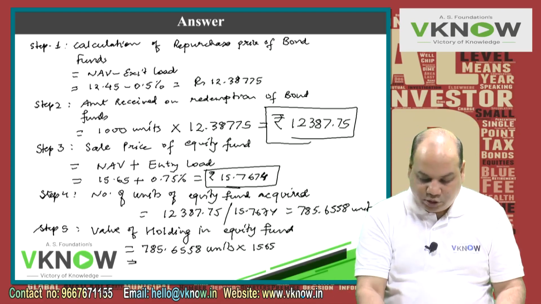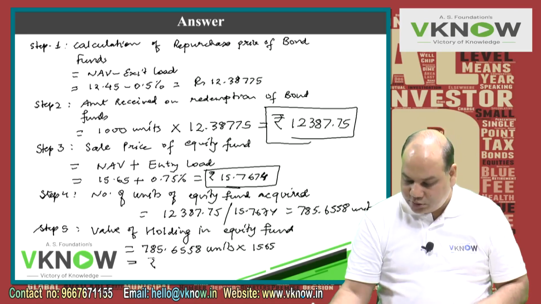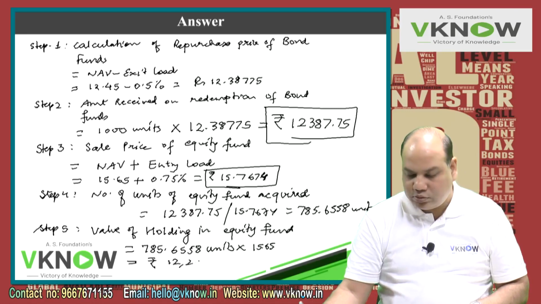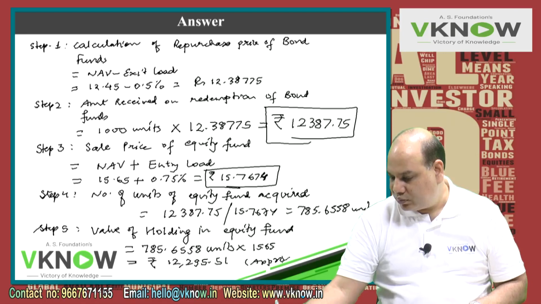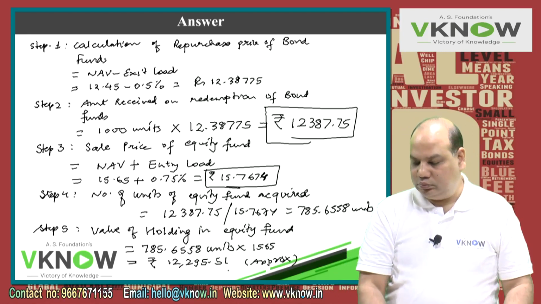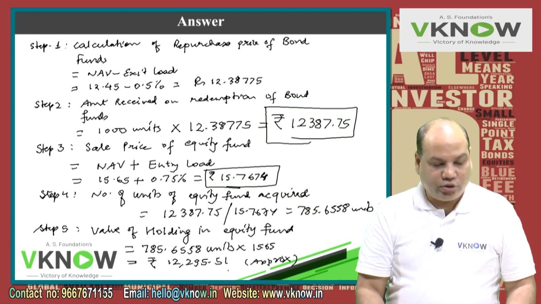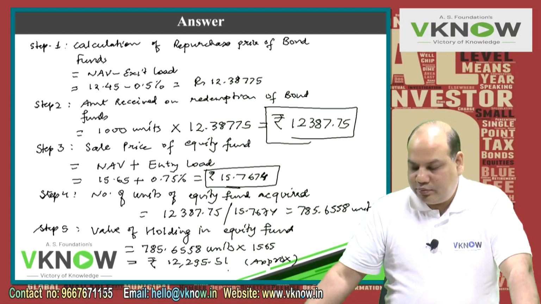Multiply by 15.65, and that comes to rupees 12,295.51 approximately. So this is how you will solve the problems of entry load, exit load, switch.